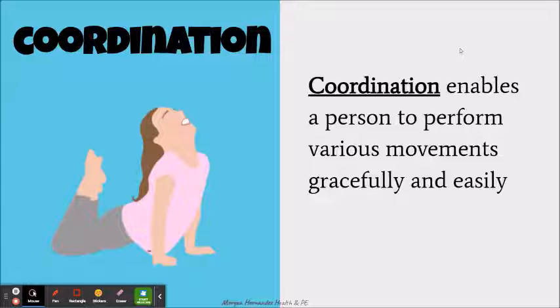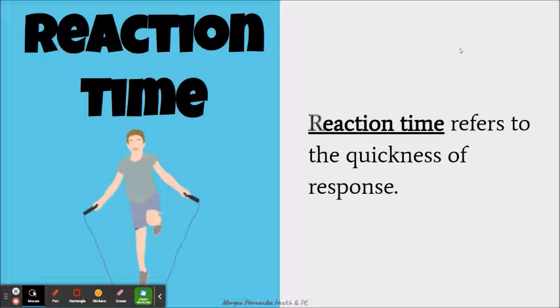I'm also going to give you some examples of coordination in different types of sports. This is another skill related fitness component. It's called reaction time. Reaction time refers to the quickness of response. I'm also going to give you some examples of how reaction time takes place in sports.